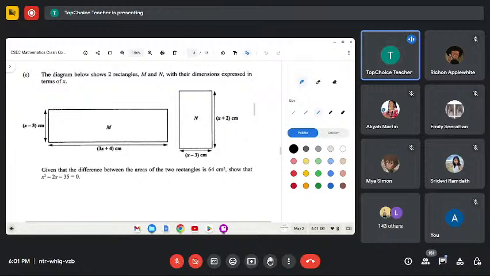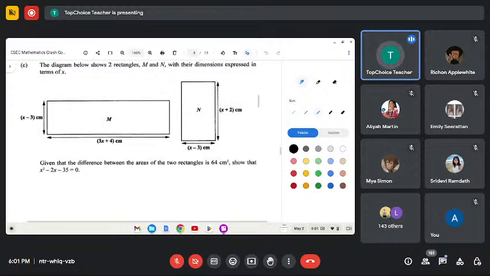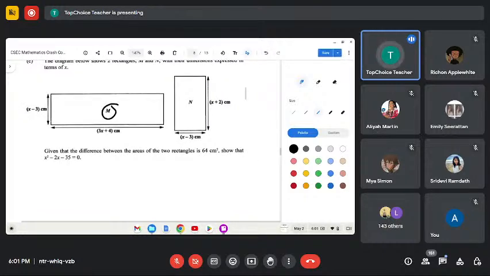It's not that difficult once we get the hang of it. The first thing we need to do is find the area of each shape: the area of M and the area of N.